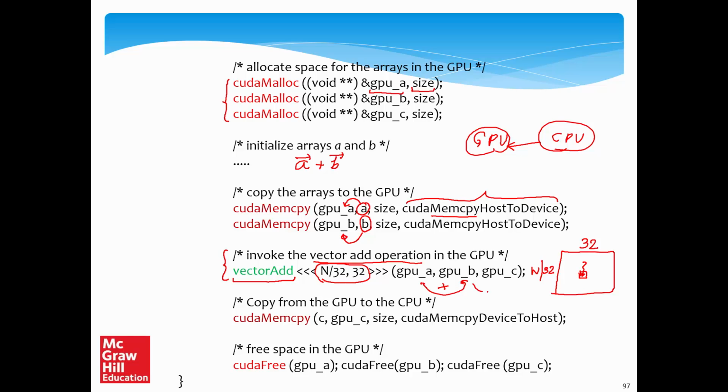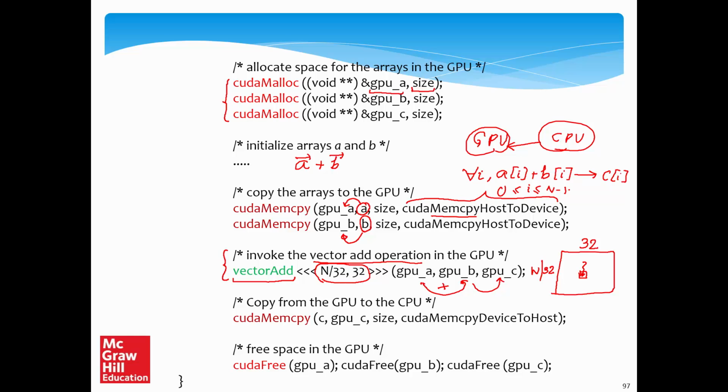Perform an addition operation and save the result in GPU C. So essentially this is the same as, for all i, add A[i] plus B[i] and assign the result to C[i]. And of course i varies from 0 up to n minus 1, so essentially i can take n values.